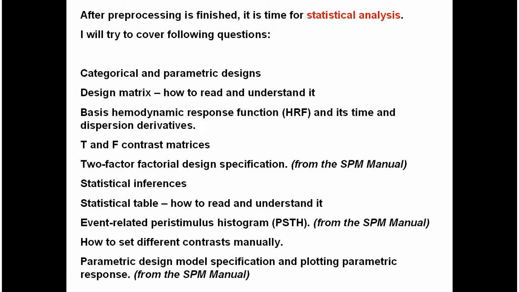Then we will try to set few contrasts manually using the same design matrix, and at the end we'll also run a parametric design model specification and plotting parametric response achieved using this model.